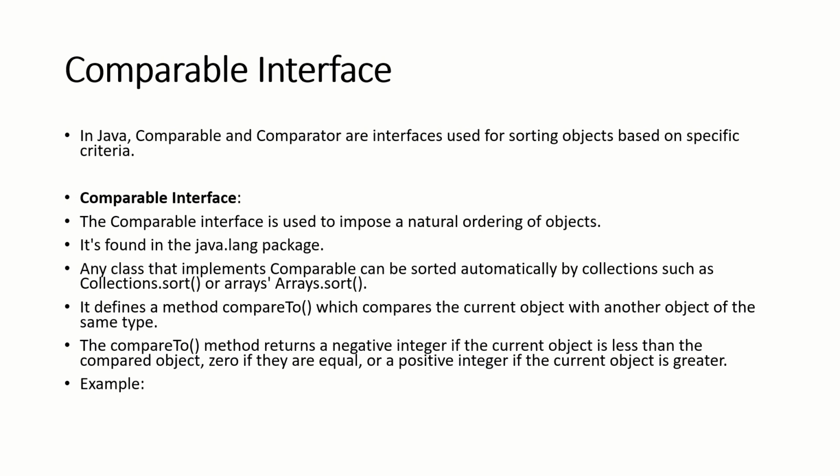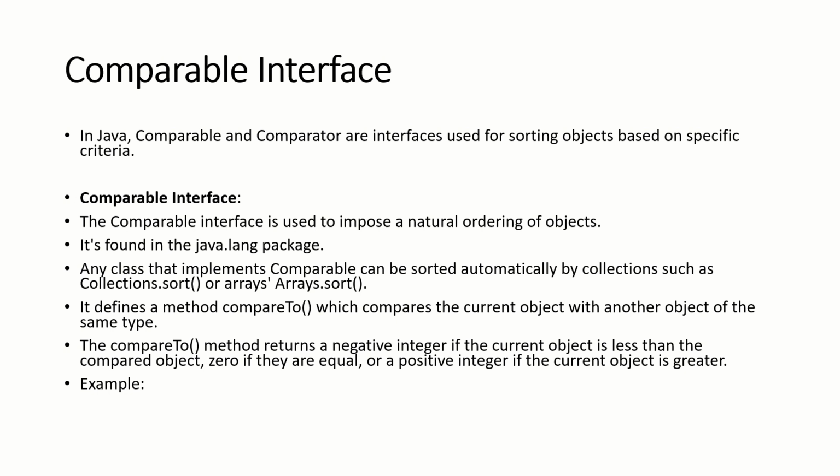Any class that implements Comparable can be sorted automatically by collections such as the Collections.sort or Arrays.sort methods. Let's say you have a class called Person with two properties, name and age, and you want to sort the persons based upon the age.